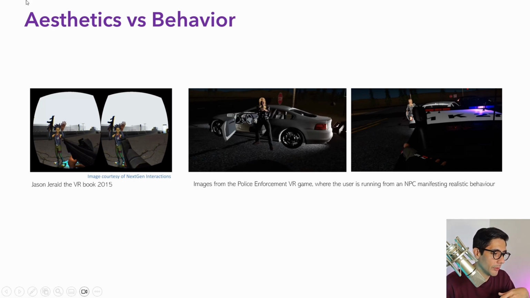For example, on the left, in this experiment with a very low three-dimensional aesthetic, very low level of 3D, I don't know if it was Google Cardboard, a very low level of immersion headset, you will see how these people raise their hands when threatened by someone with a gun.